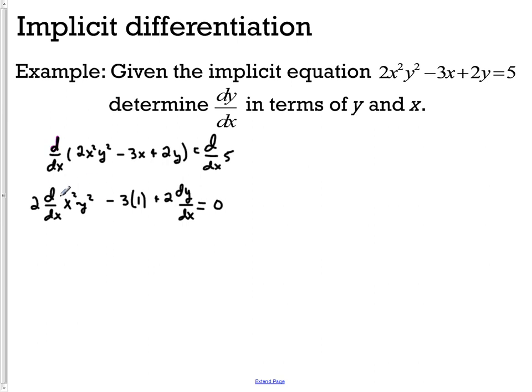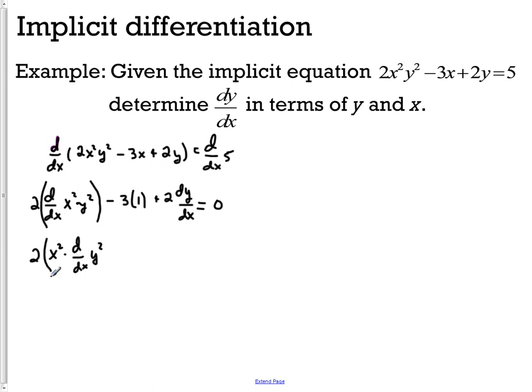So now we're going to have to use our product rule right here with this very first term and then distribute the 2 through it. So what happens? Well, it'll be 2 times the first function, so that's x squared, times the derivative with respect to x of the second function, which is y squared.